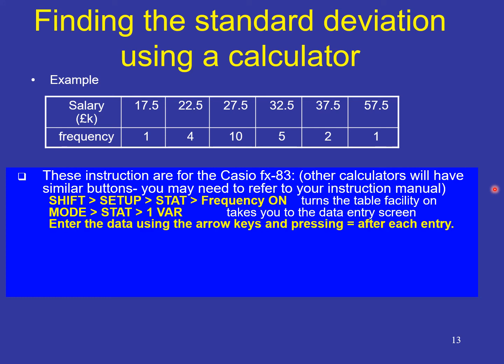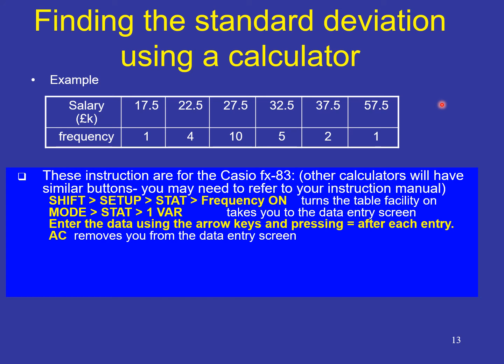You can then enter the data using the arrow keys and pressing equals after each entry. So you do 17.5 equals, then 1 equals, then 22.5 equals, then 4 equals, and so on to enter the data.